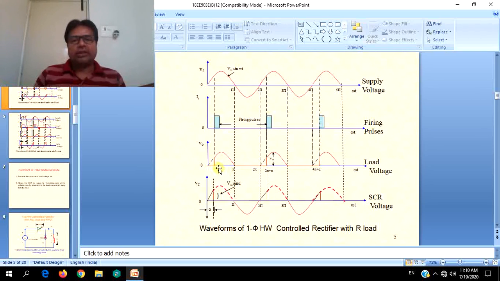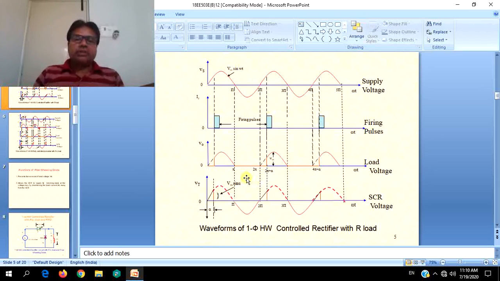From alpha to pi, sinusoidal current will be flowing, and from pi to 2 pi it will be 0, and the cycle repeats from 2 pi plus alpha. So the current is 0 from 0 to alpha, pi to 2 pi, and also 2 pi plus alpha, when the load is resistive.